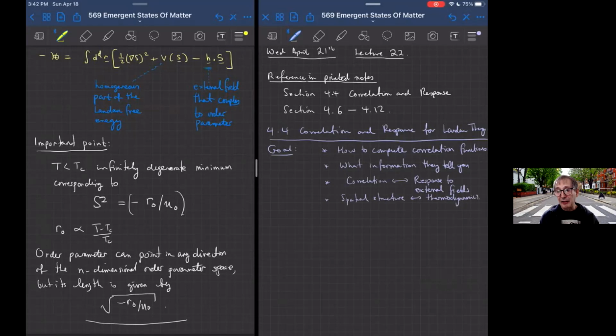Now, all the calculations that we're going to do in this course are basically at the level of Gaussian approximations. So we're going to see simple ways to compute these things in what is called a Gaussian approximation to functional integrals.